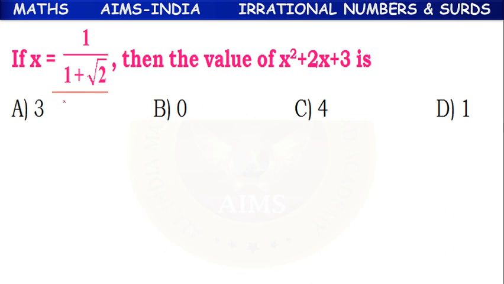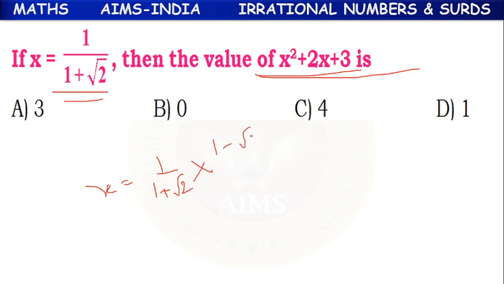Next. If x equal to 1 plus root 2, then what about this value? Already we have told, if x equal to 1 plus root 2, in the denominator we have to remove root 2, which means we have to multiply with its conjugate, 1 minus root 2. The conjugate of a plus root b is a minus root b.